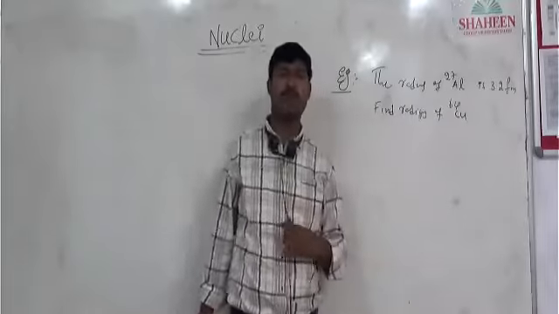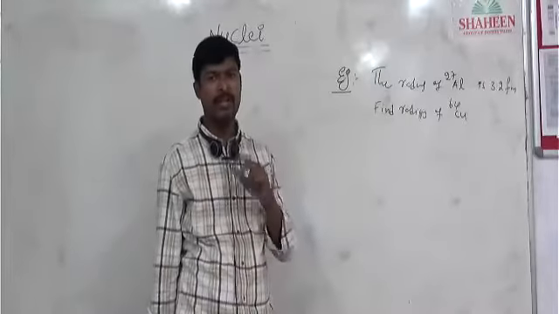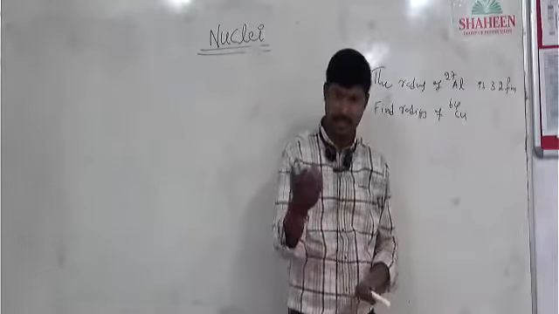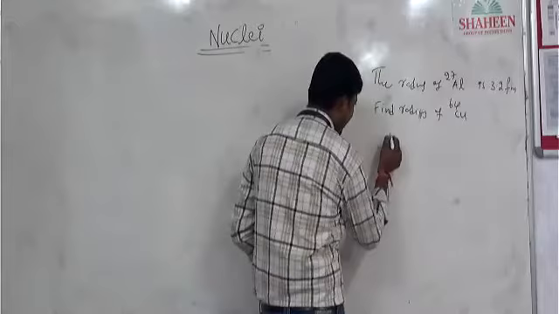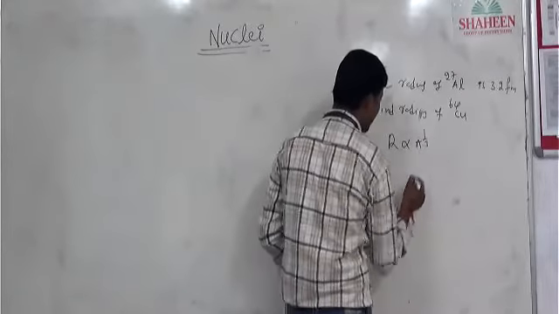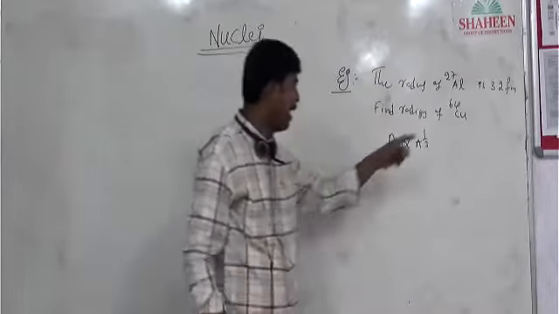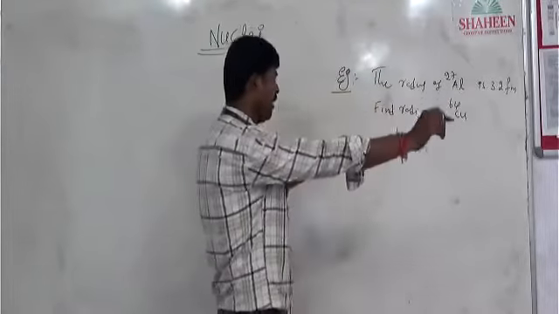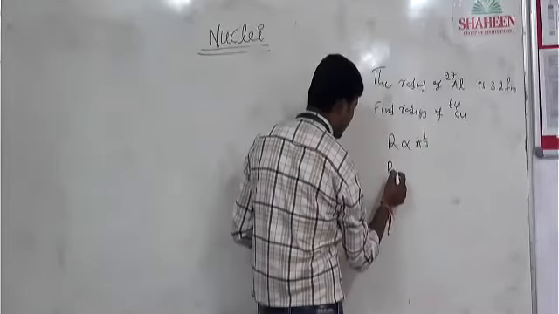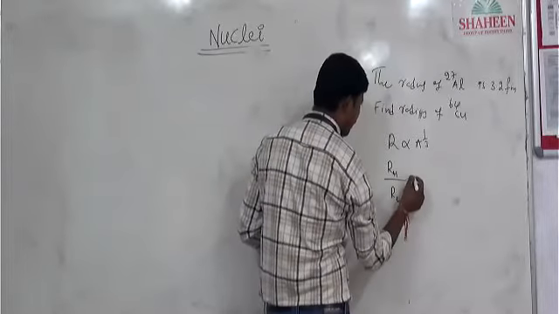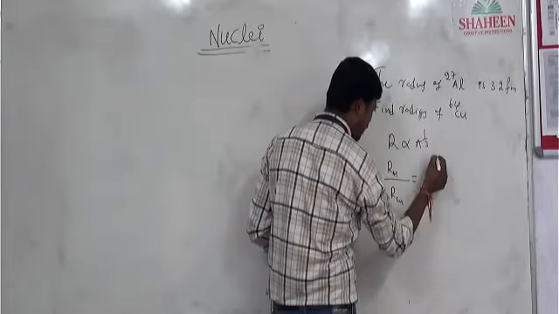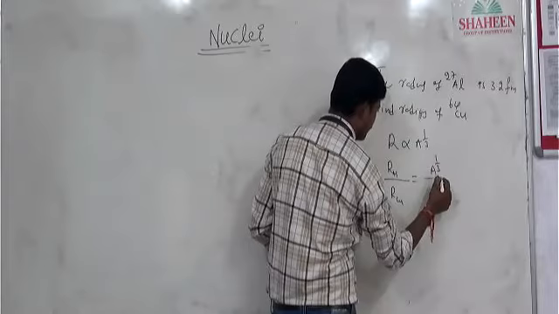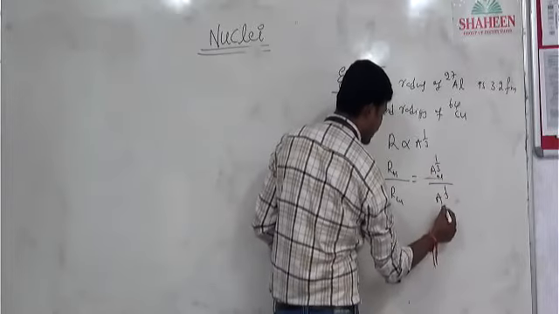That means we first calculate the ratio of radius. Once we know one ratio and one radius, the other radius we can calculate automatically. First we know that radius is directly proportional to A power 1 by 3, where A is the mass number. Aluminum is 27, copper is 64, they gave it. So R aluminum by R copper will be equal to A power 1 by 3 of aluminum by A power 1 by 3 of copper, right?